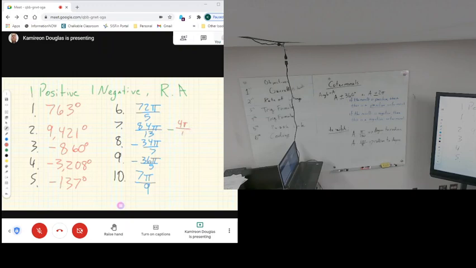You take this times 13. 4 times 13 would be 52 pi over 13. Then we can subtract these two. 84 over 13 minus 52 over 13. 84 minus 52 would become 32 pi over 13, which would be another positive coterminal. That would be 4 pi instead of 2 pi.